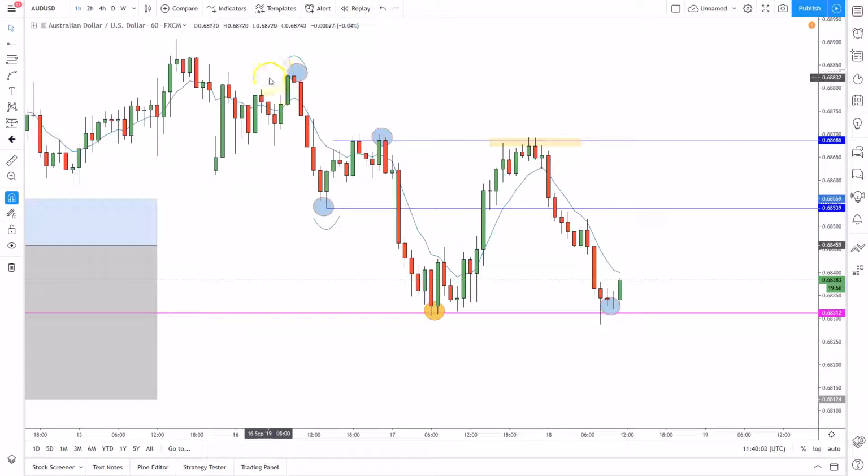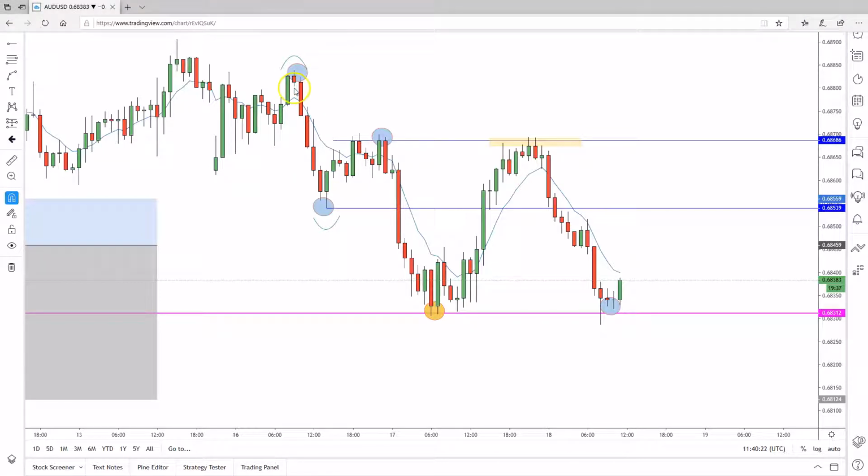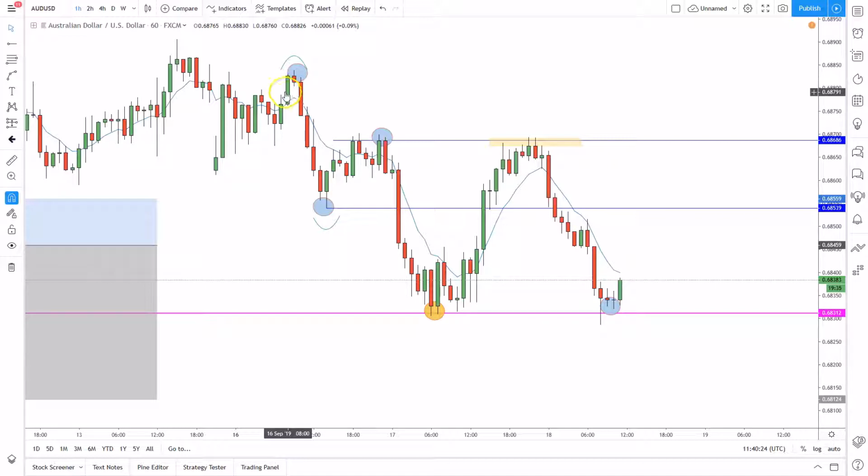So for example, on the high here, this candle alone will not necessarily mean that that is a high, because we need further confirmation. This candle was pretty bullish, and just looking at it in isolation, we could have further bullish movement upwards. So we need further confluences to actually tell us that this is a high.